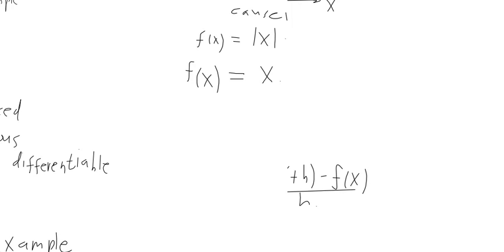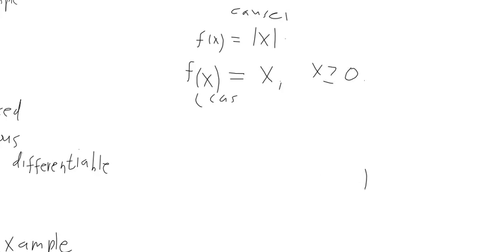This is case 1. If I have the absolute value of x, either f of x equals x when x is greater than 0, or f of x equals negative x when x is less than 0. We have to do two cases here, so we'll start off with case 1.